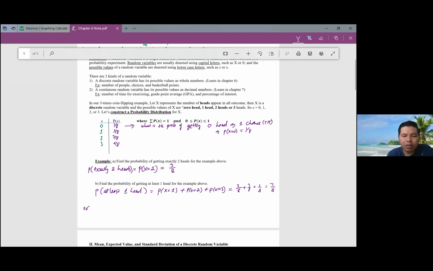Or you can use the rule of complement. So the probability of at least 1 head will be 1 minus the probability of getting 0 head, right? And that's what Grayson was sharing. You can do 1 minus 1 over 8. That also gives us 7 out of 8, okay?